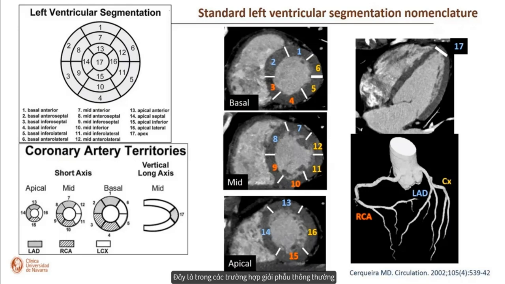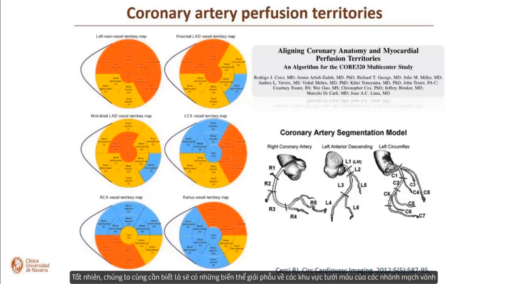This is generally speaking. There are of course anatomical variants in the coronary artery perfusion territories that need to be known. However, as a general purpose, I would say that if we're talking about RCA, we need to think about the inferoseptal and inferior aspects of the left ventricle.